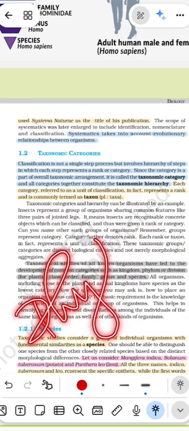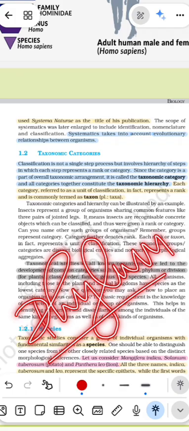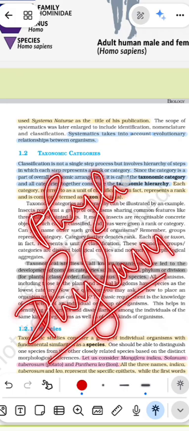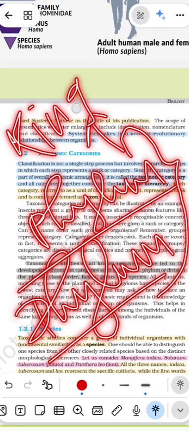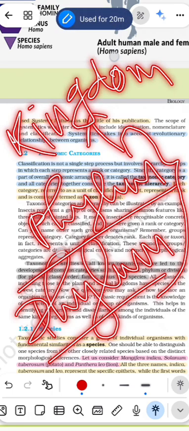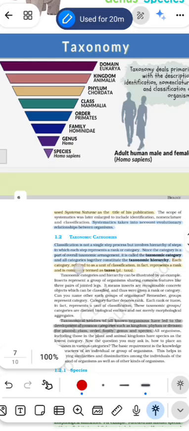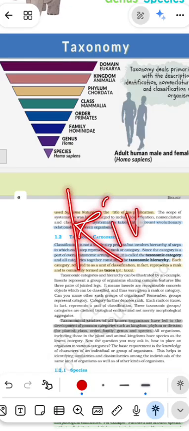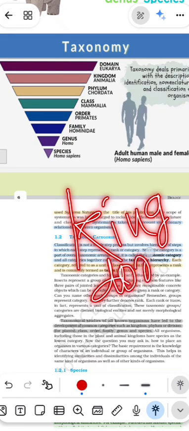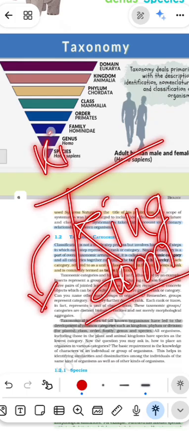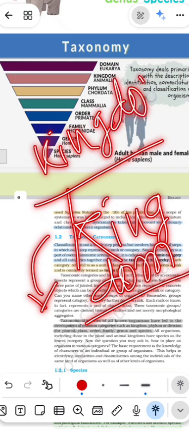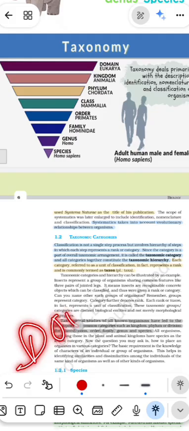Many phyla together build kingdom, and many kingdoms together form domain.